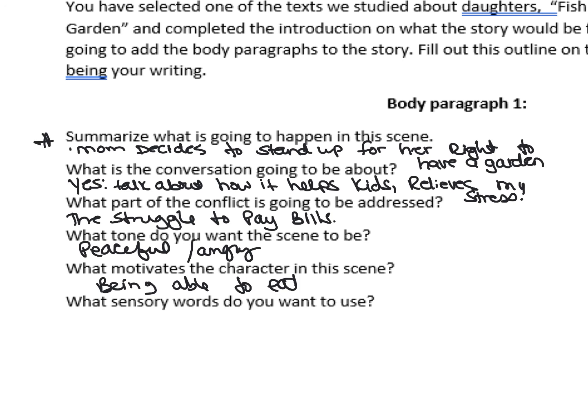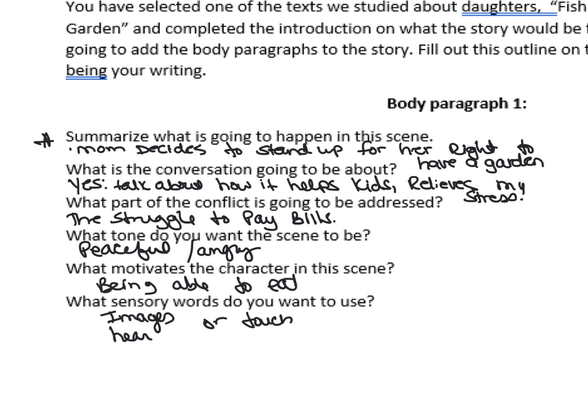For this one, instead of listing specific words, I would just do images and say, I want to write words using imagery, or I want to write words using hear or touch. Whatever words you want to use, and that's going to help you focus. And then when you go to write this paragraph, you're going to look at this and go, this is what I write first, this is what I write next, and you've got the basic outline of your entire body paragraph done.